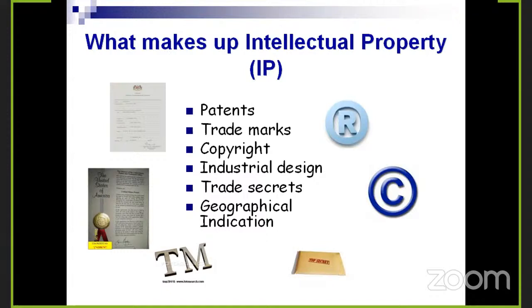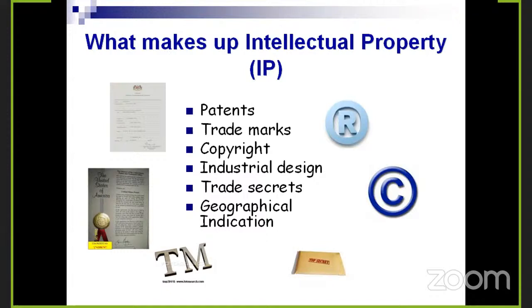Then industrial designs. I'm just briefly touching upon various topics which come under intellectual property, and then we will focus and discuss in detail about patents. But if there are any questions, please feel free to interrupt and ask me. So industrial designs protect the outward appearance or the design of a certain product.